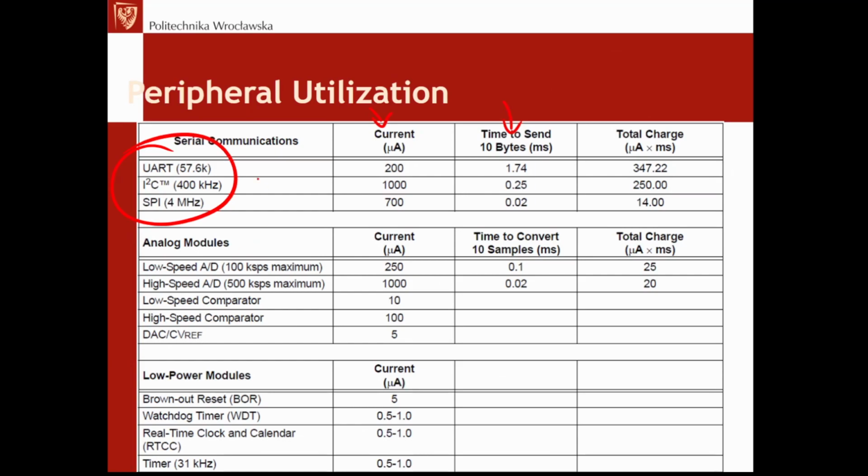So a simple analysis showing us how large the difference may be between interfaces, and how important the peripherals may be. So the peripheral choice may matter in real life, especially when we talk about very low power operations, in very low power design. So take a look.